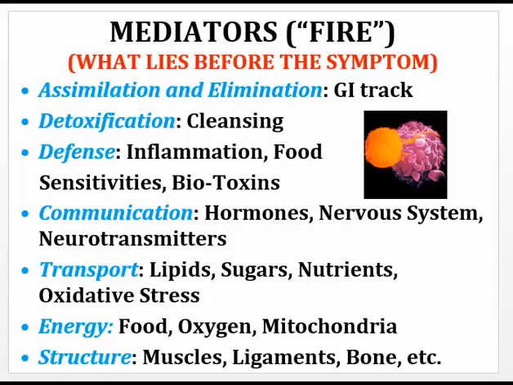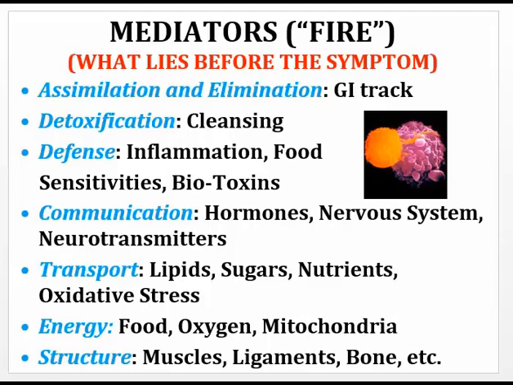And we want to make sure that the communication system is in coherence. Transport of fats like lipids, for energy, sugar, nutrients for healing. We want to make sure we're getting the right amount of antioxidants from plants to combat the negative effects of oxidative or free radical stress on the body.